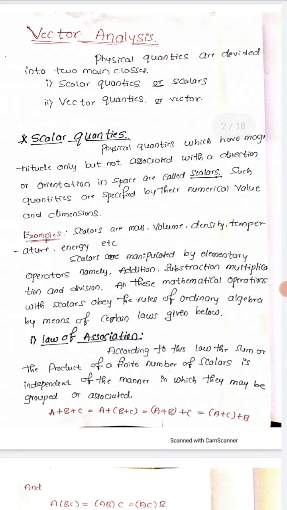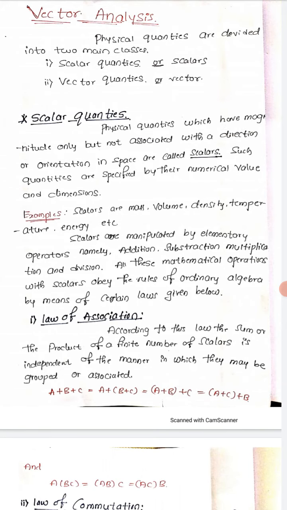Such quantities are specified by their numerical value and dimensions. For example, scalars are mass, volume, density, temperature and energy. There are many examples of scalar quantities, and these are the very best examples.